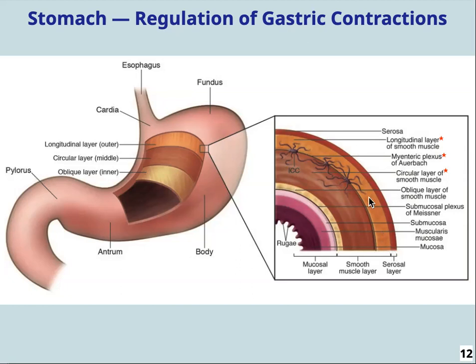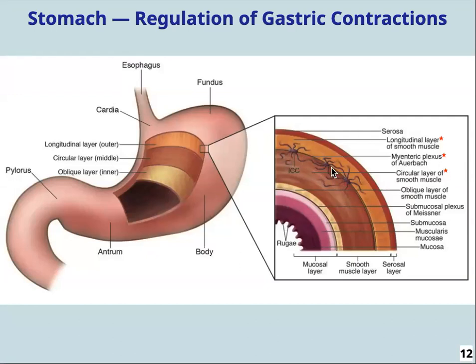Between the longitudinal layer of smooth muscle and the circular layer of smooth muscle, lying in between the 2 layers, is our myenteric plexus, also known as the plexus of Auerbach. And this is a group of ganglia, in other words, neuronal cell bodies outside of the central nervous system, so in the peripheral nervous system, that run throughout our entire gastrointestinal tract and innervate multiple layers of smooth muscle.